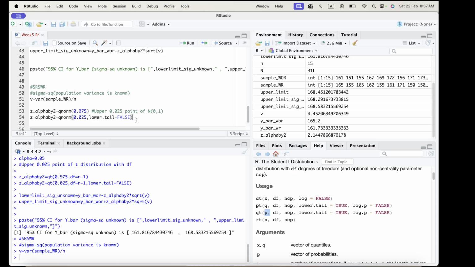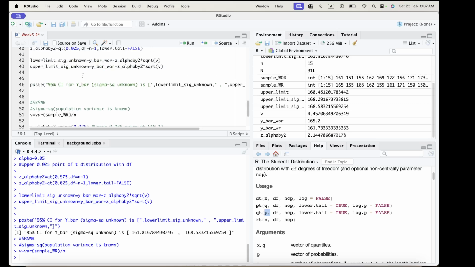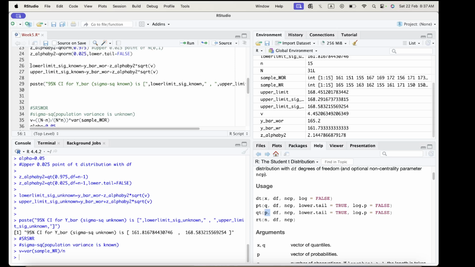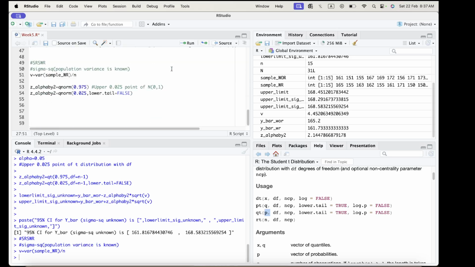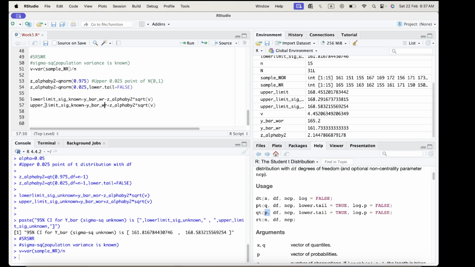And the lower limit would be the lower limit sigma known, y bar WR plus, let me also write this as VWR, square root of VWR, this thing.